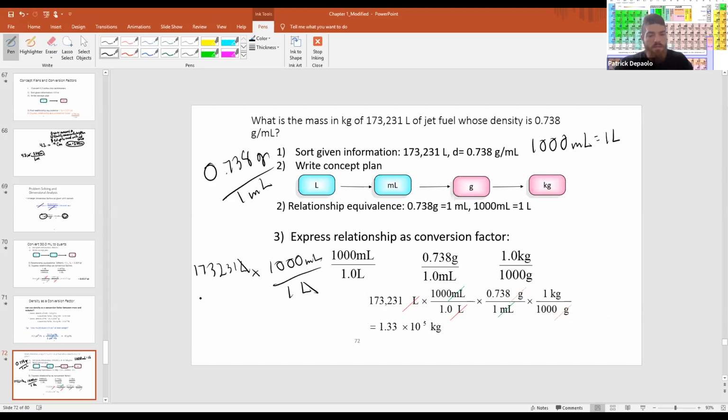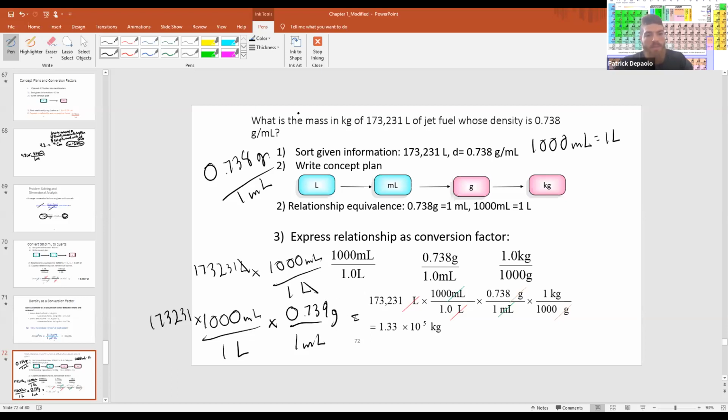Then I will take the milliliters. What do I know? I know this many grams is 1 milliliter. So I want to cancel out milliliters, so I'll write that second step down here. 173,231 times that over 1 liter, times, we want milliliters to cancel out, so we put 1 milliliter in the bottom, and we know that 0.738 grams is the mass in 1 milliliter.